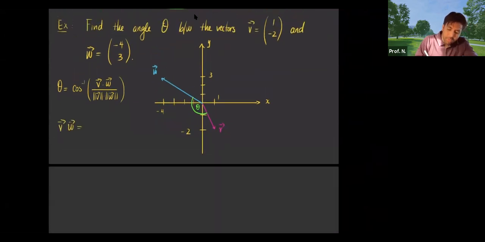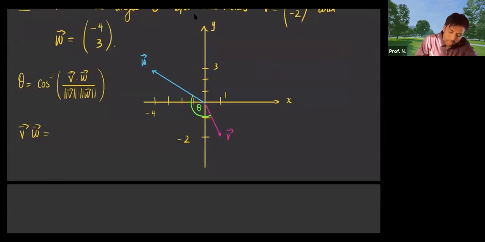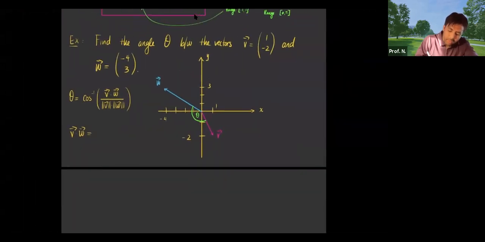Remember, this is like saying v1 times w1 plus v2 times w2. This equals 1 times -4 plus -2 times 3. That's -4 minus 6, so this equals -10. So the dot product of v and w is -10.